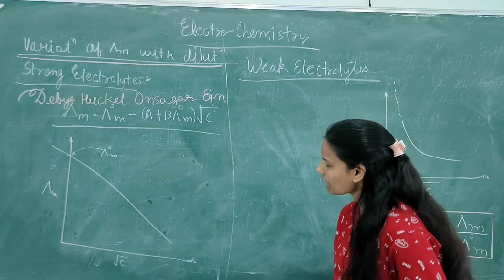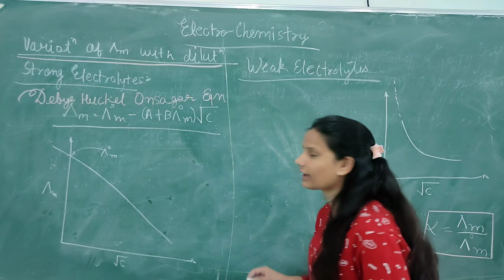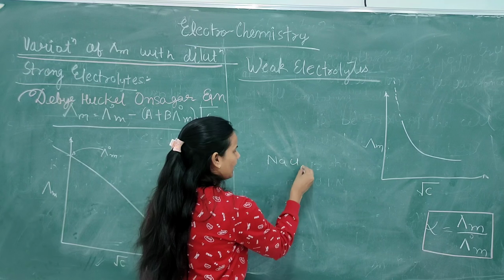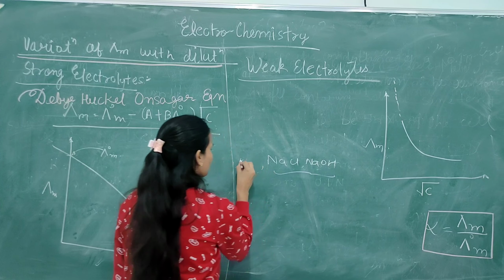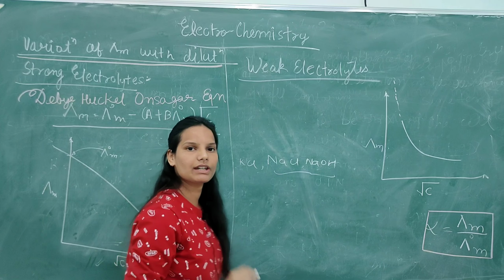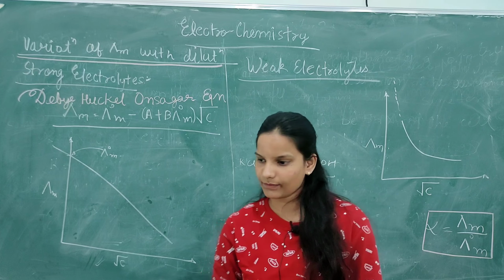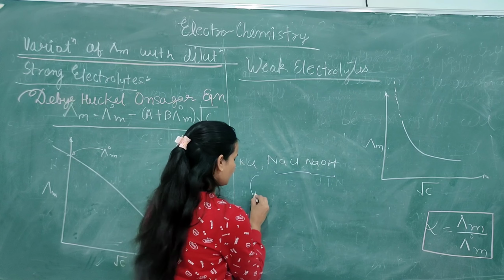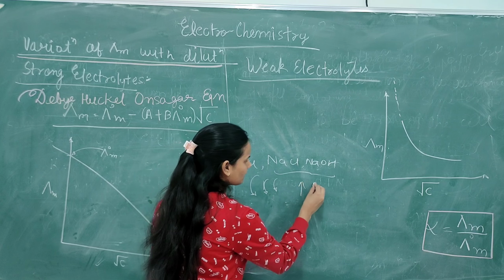First, let's discuss strong electrolytes. What were the examples? NaCl, NaOH, KCl, any one of these. If I am taking a strong electrolyte and putting it in a solvent, then after a lot of dilution, I will find the molar conductance is increasing.